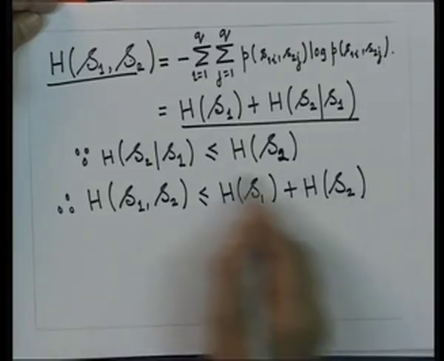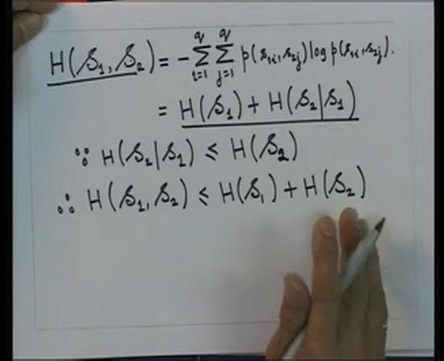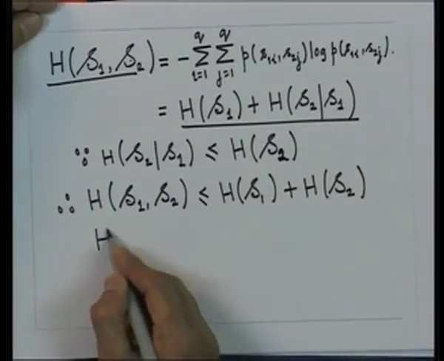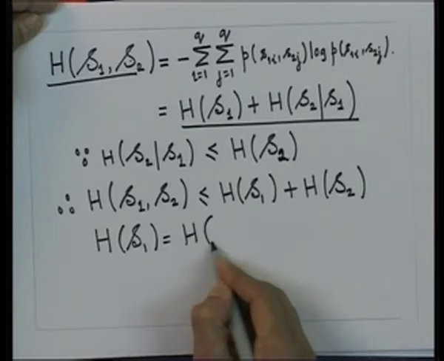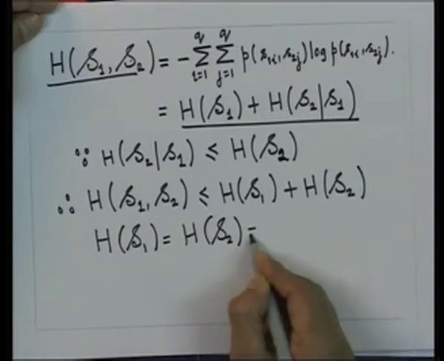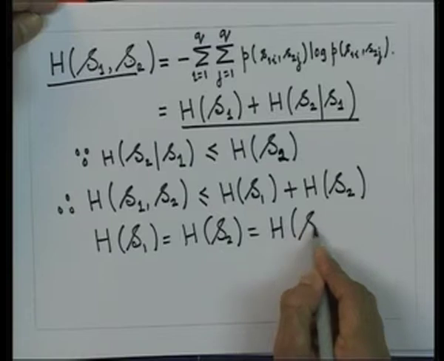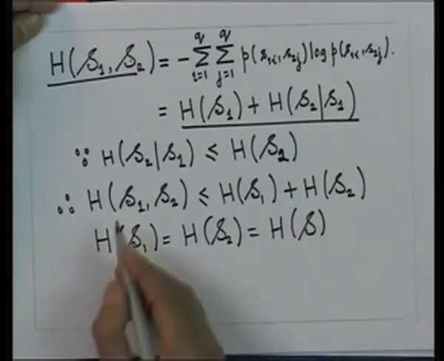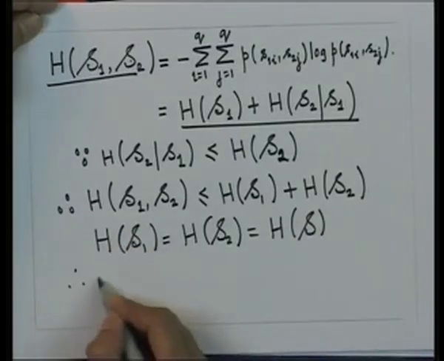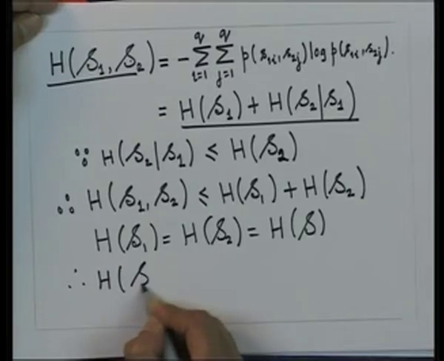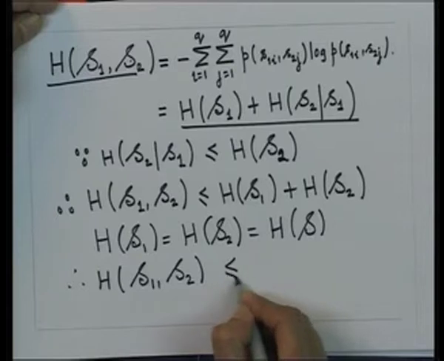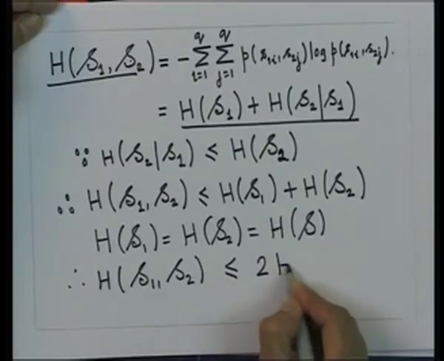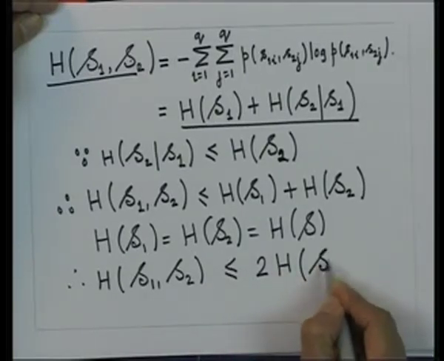And if you assume that the Markov process is stationary and ergodic, then H of S1 is equal to H of S2 is equal to H of S, and therefore, H of S1 S2 will always be less than or equal to twice H of S.